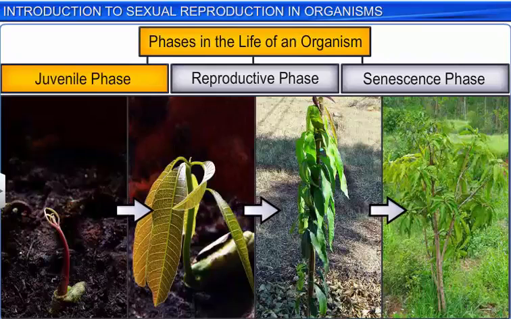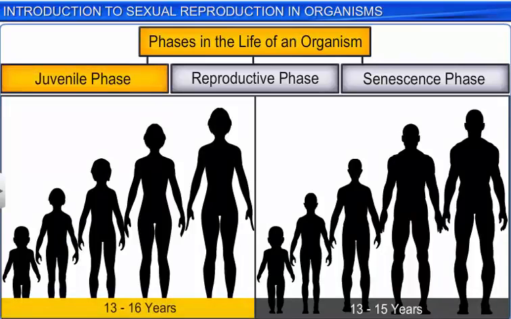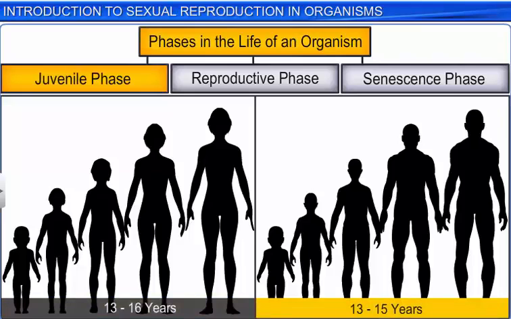Interestingly, the duration of the juvenile or vegetative phase varies in different organisms. In human beings, for instance, the juvenile phase lasts for 13 to 16 years in the case of females and 13 to 15 years in males.